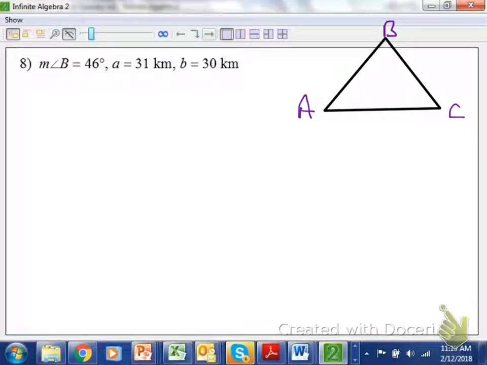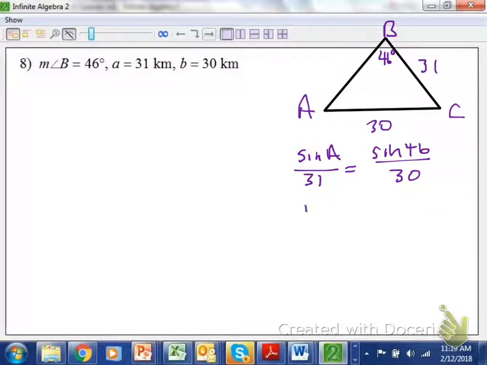So we're given that B is 46 degrees there. Side B is 30, side A is 31. Now, which piece are we forced to find first? Angle A, right? Because we don't know anything about C. So we will do sine of angle A divided by 31 equals the sine of 46 over 30.